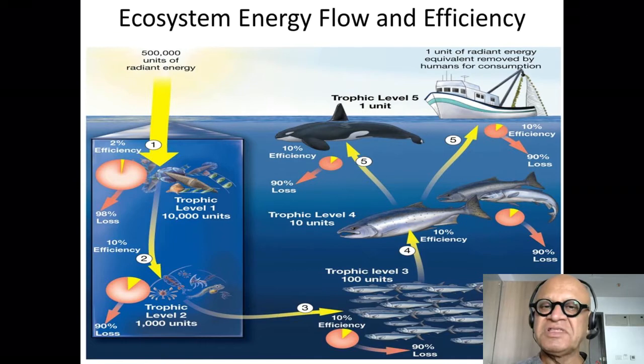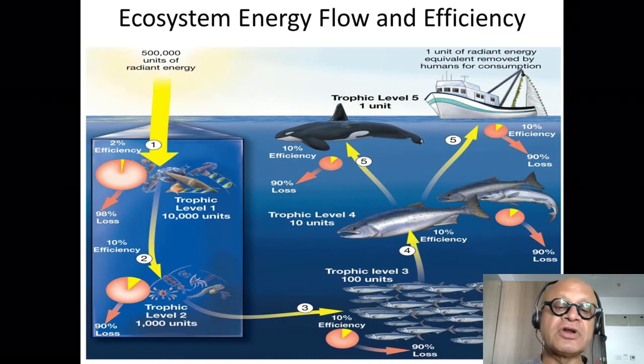Okay, it's a bit of a simplification, but let's just note the number and the process of energy transfer. Okay, and remember it's unidirectional, right? You cannot give energy back to the sun in that sense. So the photosynthesizers or autotrophs are being consumed at 10% efficiency at stage 2 by some zooplankton.